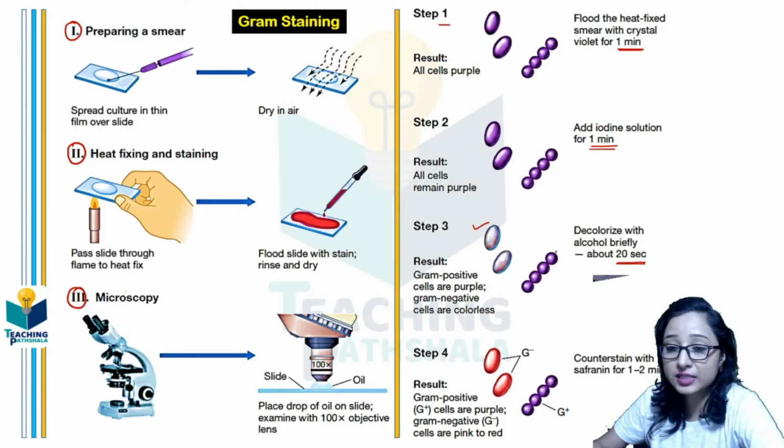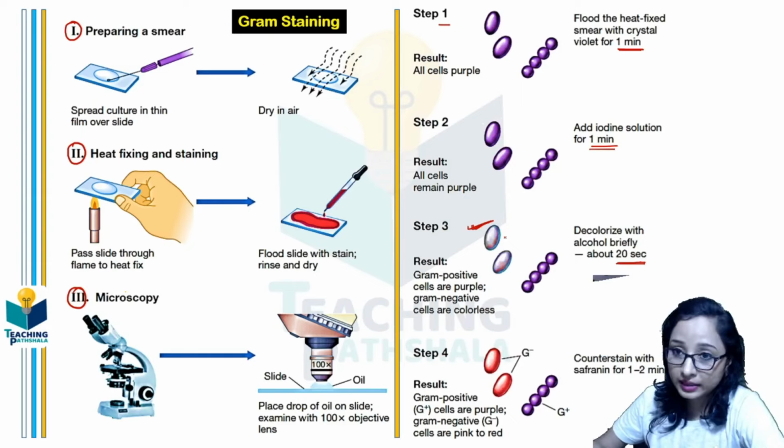So that means it is just resisting the decolorization step. But in case of a gram negative, they accept the decolorization, and hence lose their color, because they have a very thin peptidoglycan, which was not able to keep the iodine and crystal violet complex intact.